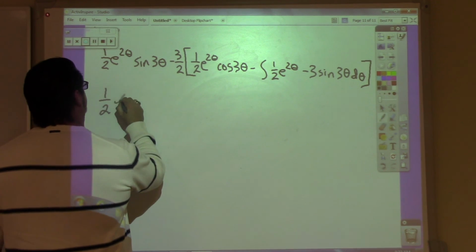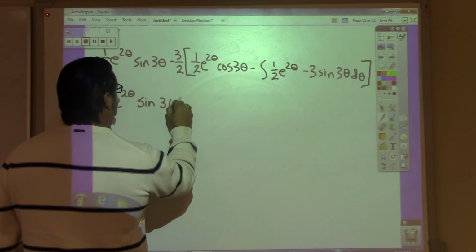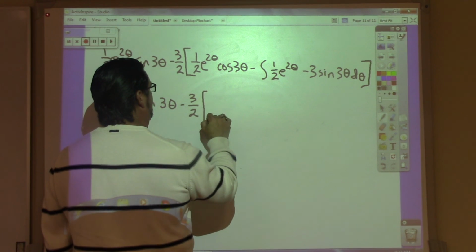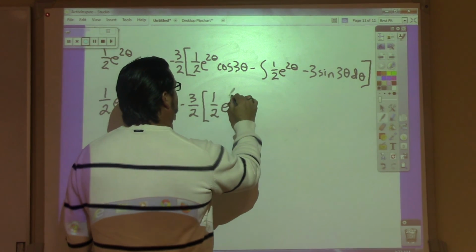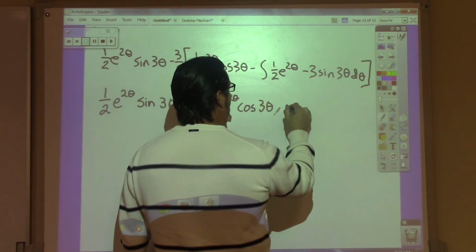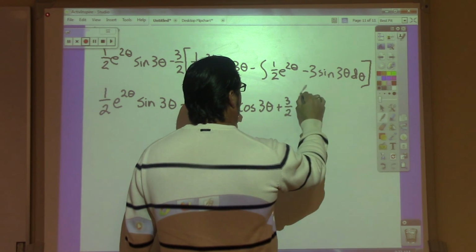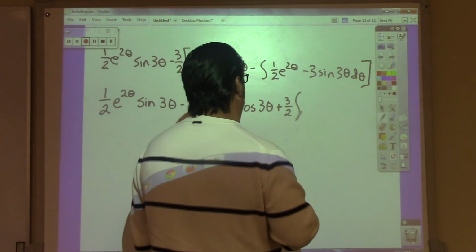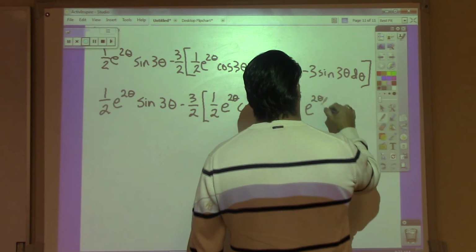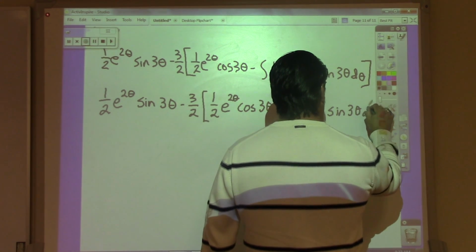1/2 e to the 2 theta sine of 3 theta minus 3/2 times 1/2 e to the 2 theta cosine of 3 theta, plus 3/2 e to the 2 theta times the sine of 3 theta d theta.